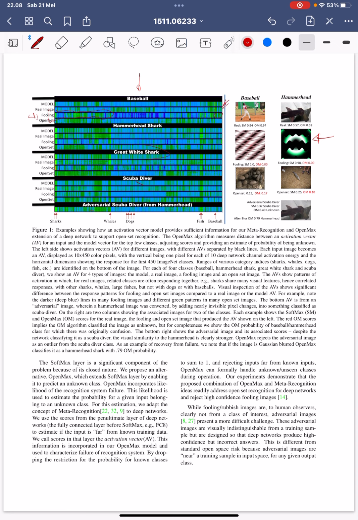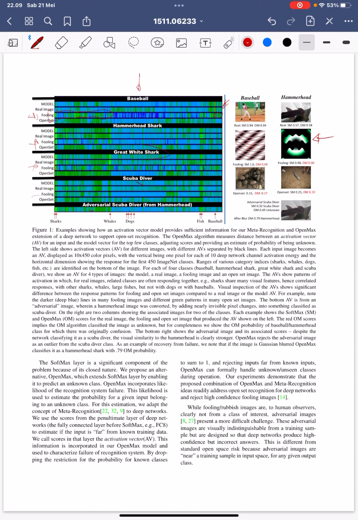In the fooling image of the hammerhead shark, the activation is also not really focused on the shark and whales area. The fooling image of the great white shark also shows quite different activation from the original model, and the scuba diver behaves the same way.